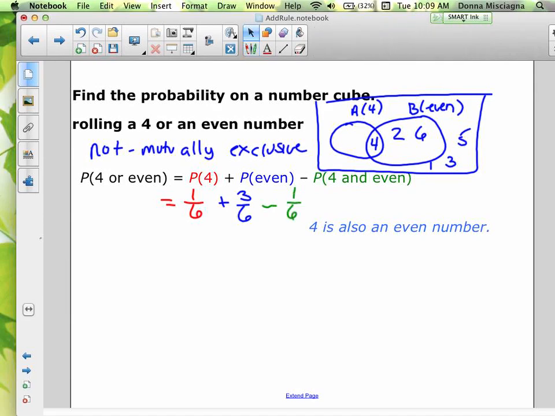So our probability of rolling a 4 or even is going to be 3/6, which reduces to 1/2. So that's the last word at the bottom of the page there.